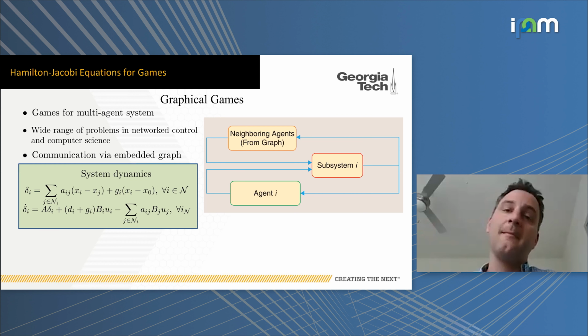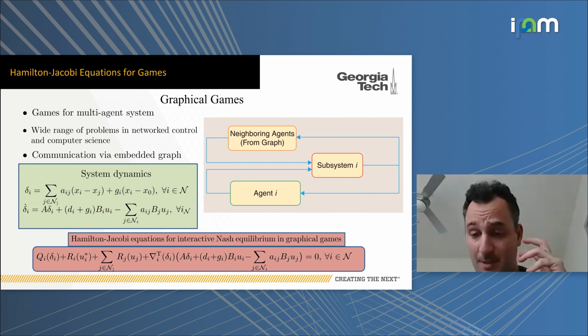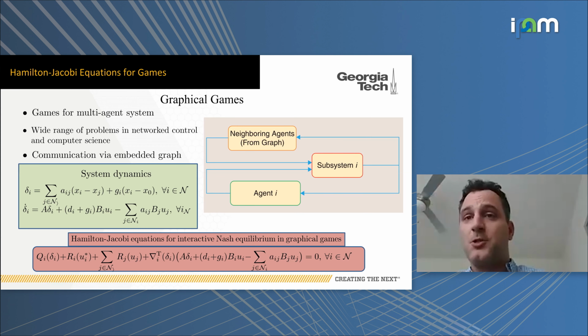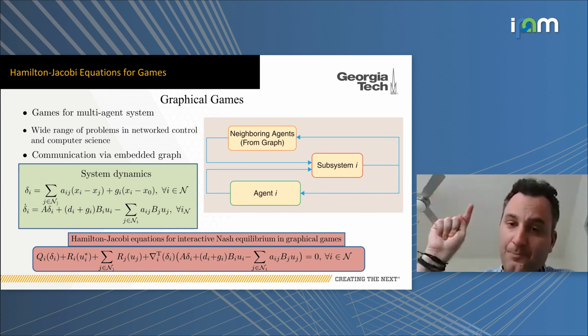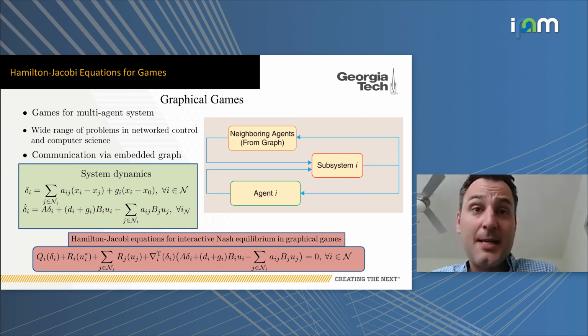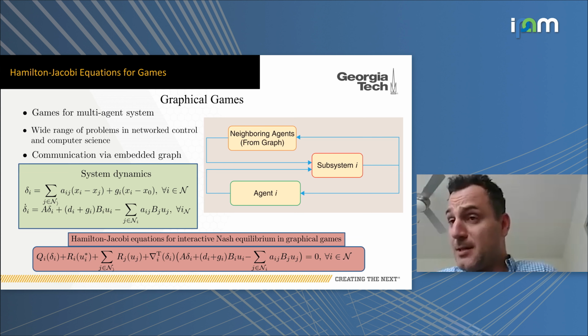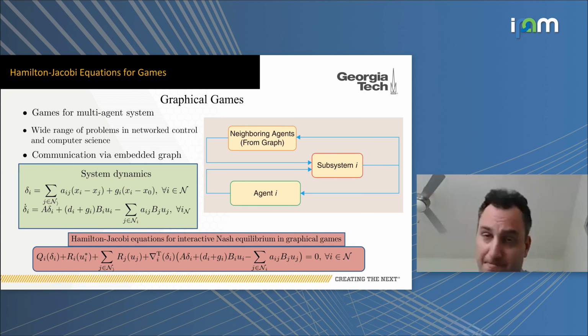Since we're controls people, I want to take the derivative of that and then find my dynamics. We proved that we developed a graphical Nash equilibrium, which we call interactive Nash, and this has to do with how many steps I am from uncontrollability. And these are what we call distributed coupled Hamilton-Jacobi equations.